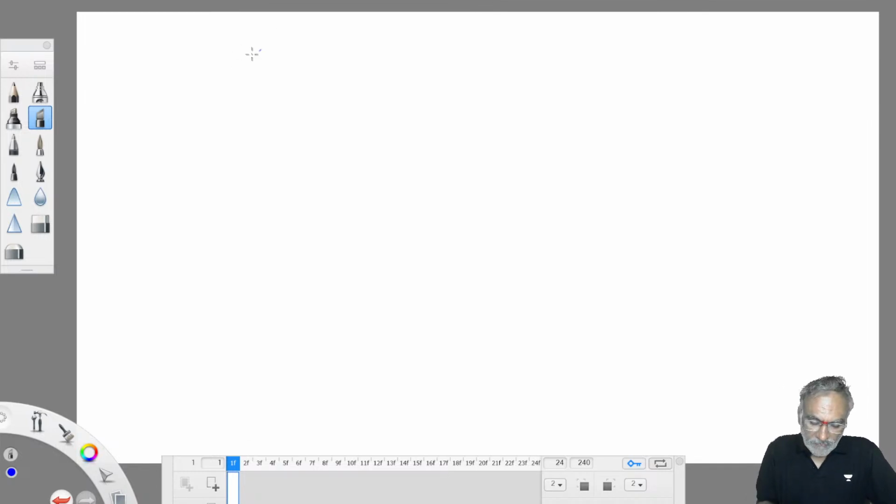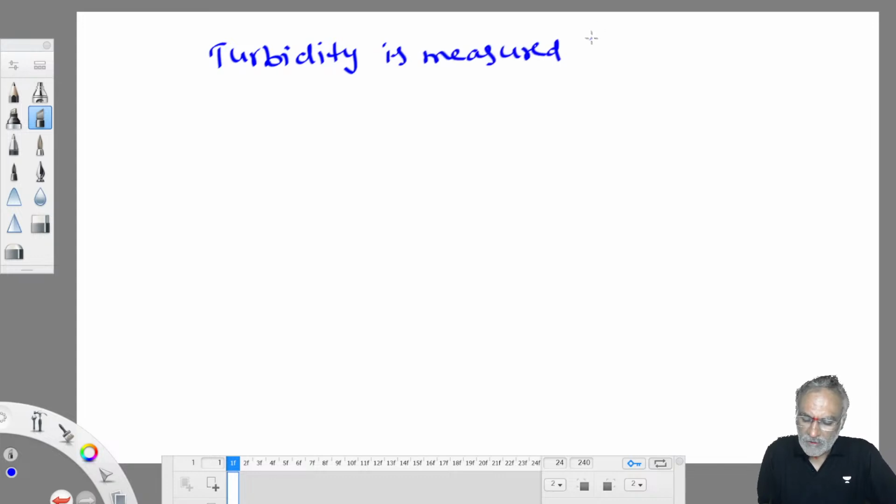So turbidity is measured by devices. Many devices are available. One is the Jackson turbidimeter.